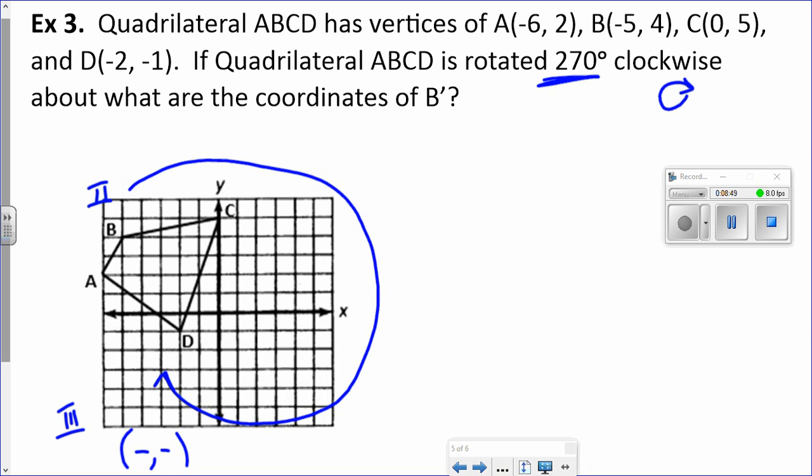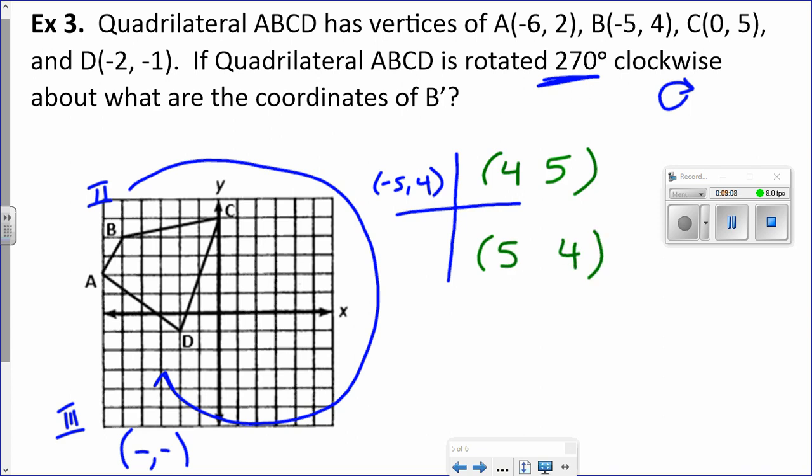Okay? So again, I'm just going to start with my little makeshift coordinate plane, and I know that B is at negative 5, 4. That's our original. And now for each quadrant move, I'm just going to flip the order of the numbers. So I flipped, I'm going to flip again, and I'm going to flip again. Okay?